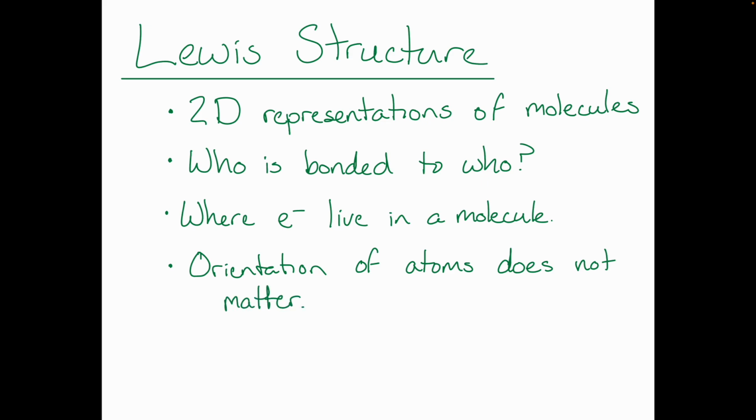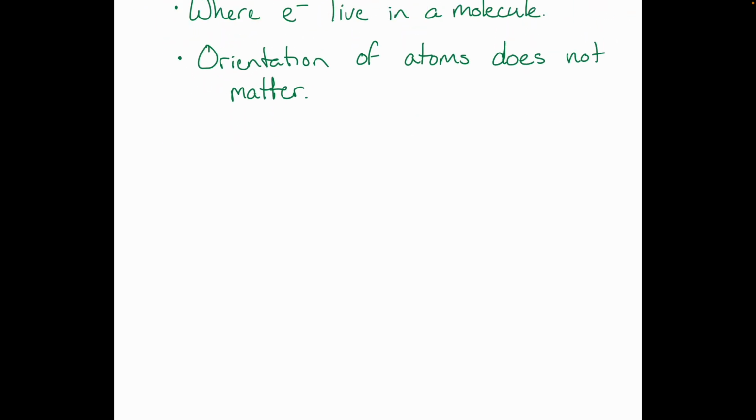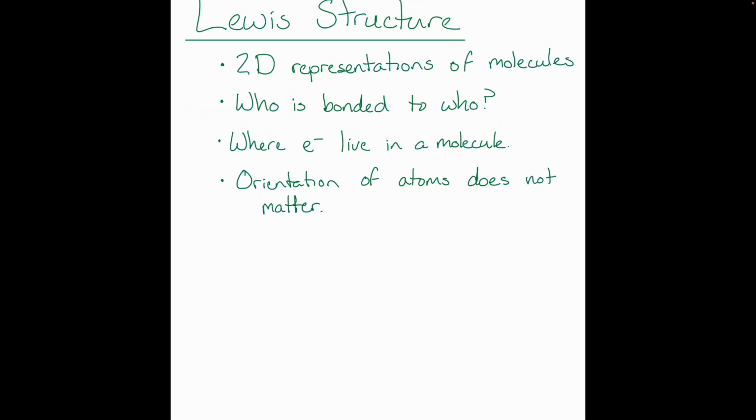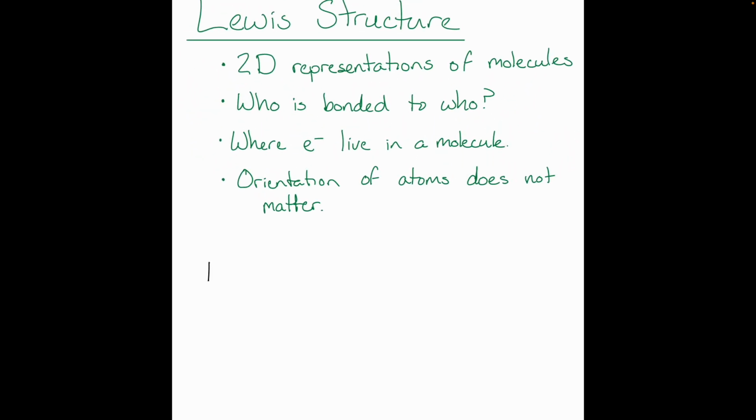I'll give an example of what I mean by this in a second. Let's remind ourselves we've looked at these Lewis structures before. So for example, water was HOH, and it had these two lone pairs on that oxygen.